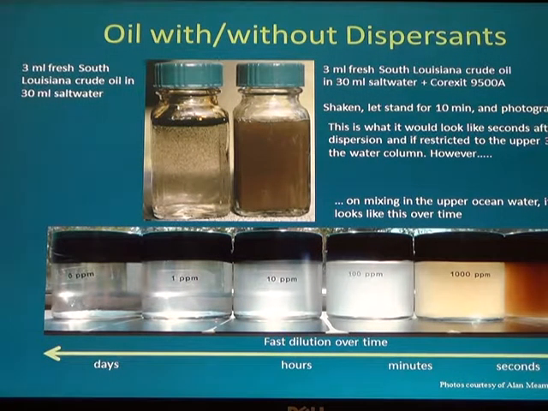This is what it would look like within a few minutes when it gets down to about 1,000 parts per million. And then over minutes to hours, 100 parts per million, down to 10 parts per million. And then after a few days, less than 1 part per million. That doesn't mean that this went to this. That's just showing you what those parts per million look like, to give you a little bit of a visual.